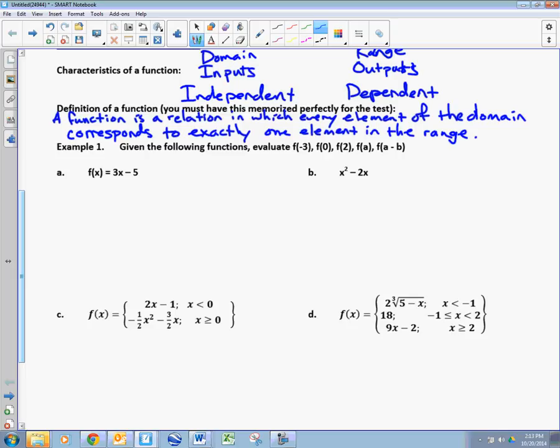A function is a relation in which every element in the domain corresponds to exactly one element in the range.